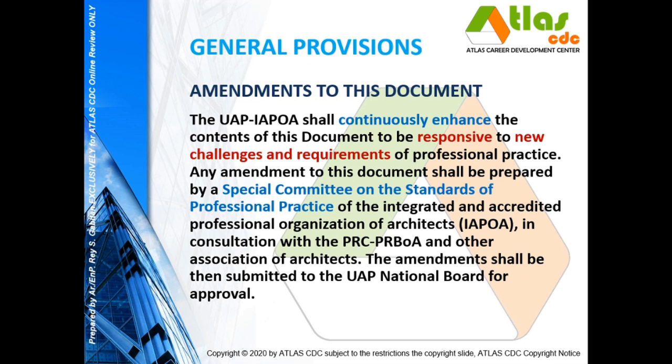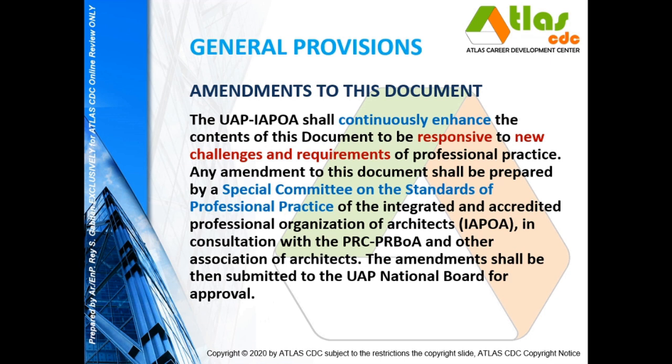So these are the other provisions in the architect's guidelines pertaining to amendments to this document. It provides that the UAP, being the IAPOA, shall continuously enhance the contents of this document to be responsive to new challenges and requirements of professional practice.